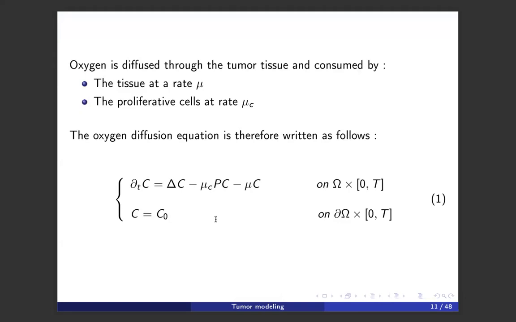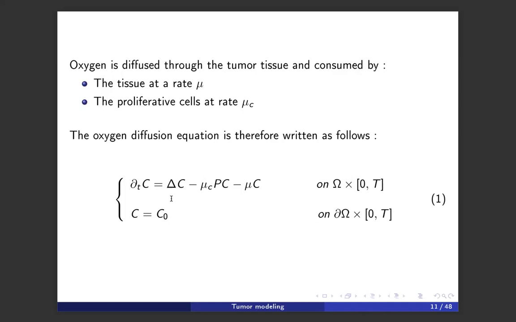The oxygen is diffused through the tumor tissue and consumed by the tissue at rate mu, and also by the proliferative cells at rate mu c.